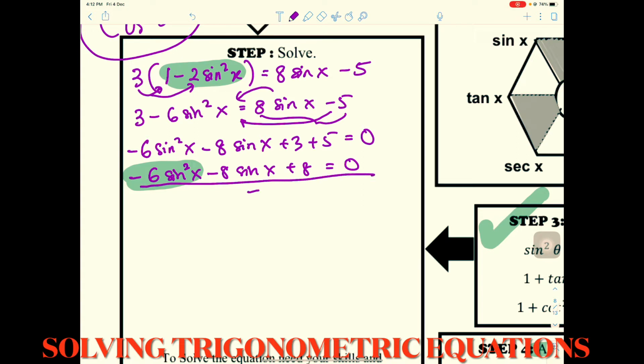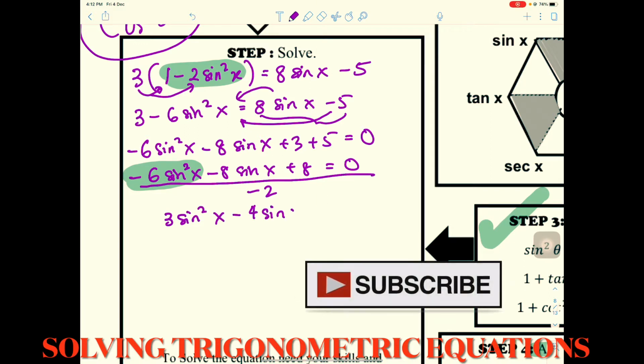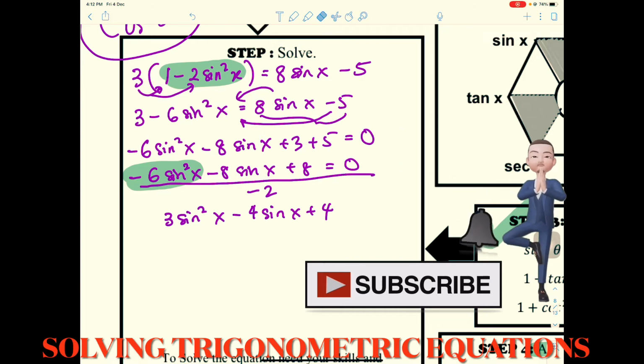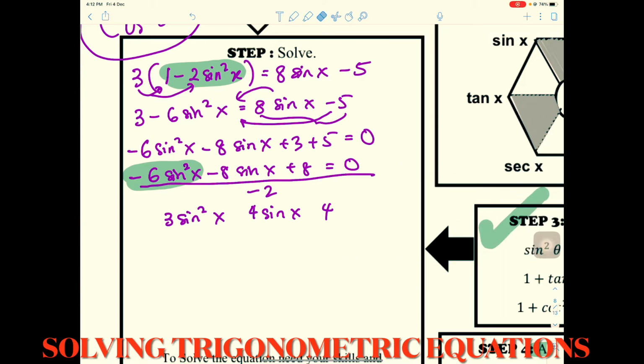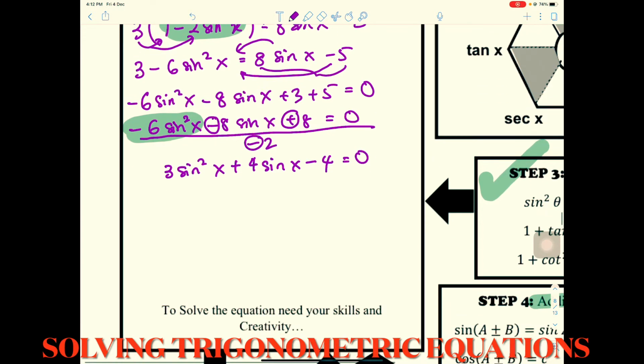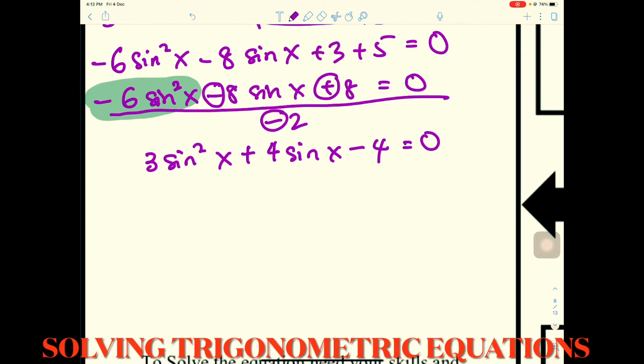The equation now becomes 3 sine squared x minus 4 sine x plus 4 equals 0, with the signs changed accordingly. So actually you get the general form of a quadratic equation, but in terms of a trigonometric function.